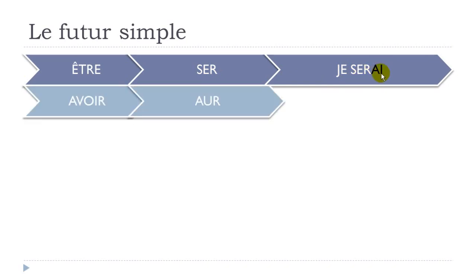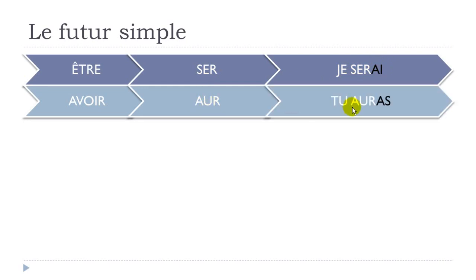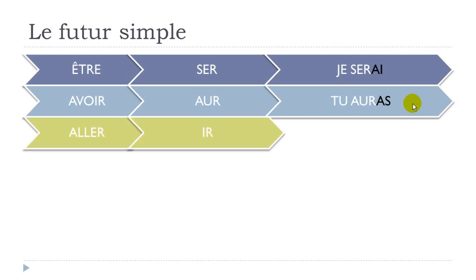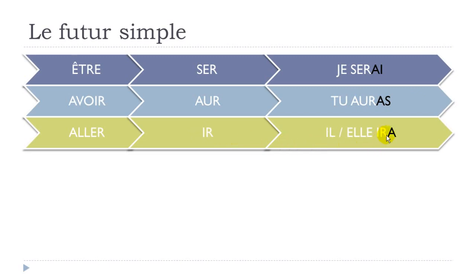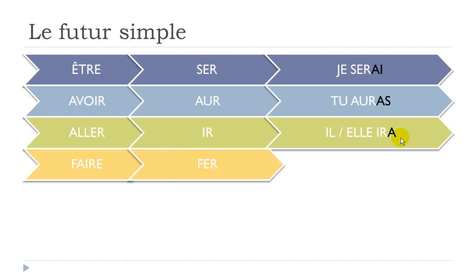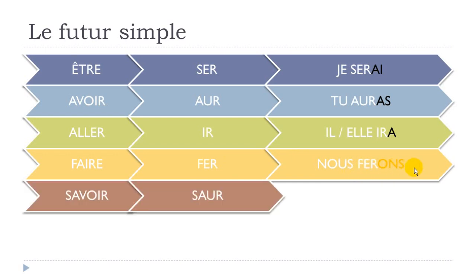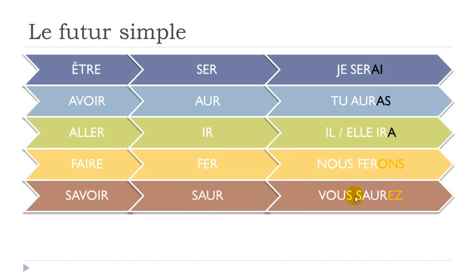Okay, avoir is becoming aur, so tu auras. Aller will become ir. Il ira, elle ira. Faire will become fer, F-E-R. So you will get nous ferons. Savoir will become saur, S-A-U-R. Vous saurez.